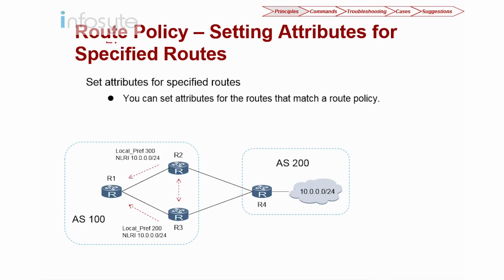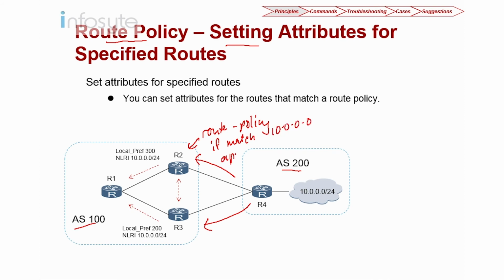Now, we can use the route policy to set attributes. In this topology, I have two AS numbers, AS200 and AS100. AS200 advertises the route to both R2 and R3. R2 sets a policy, so we have a route policy over here. This route policy matches this network, and I'm going to apply a local preference of 300.